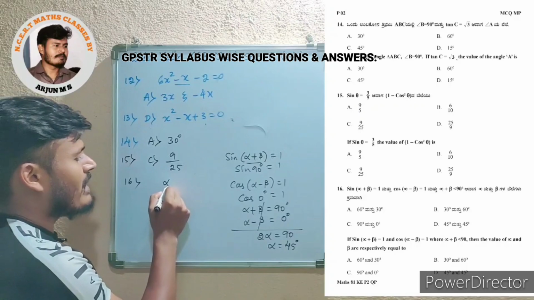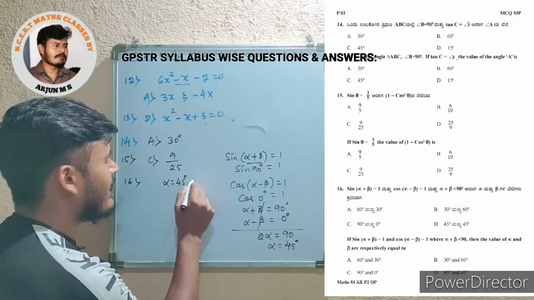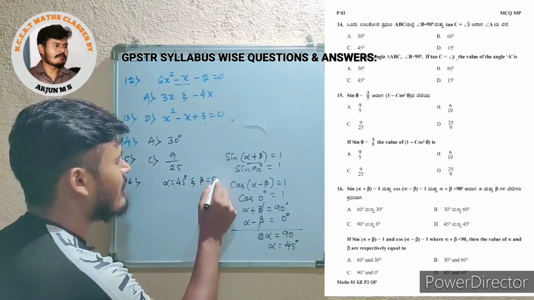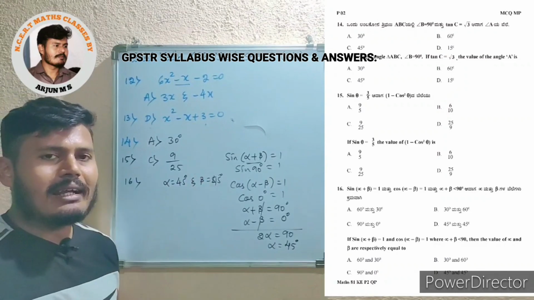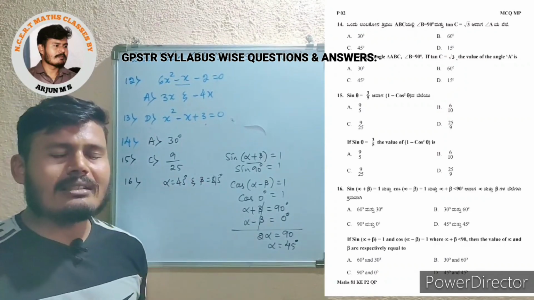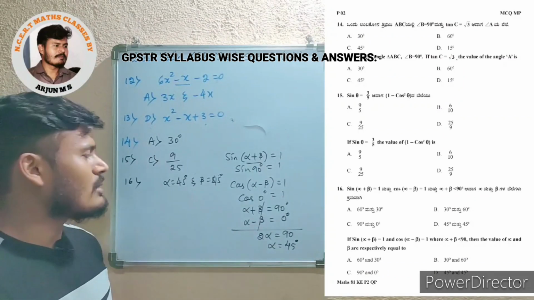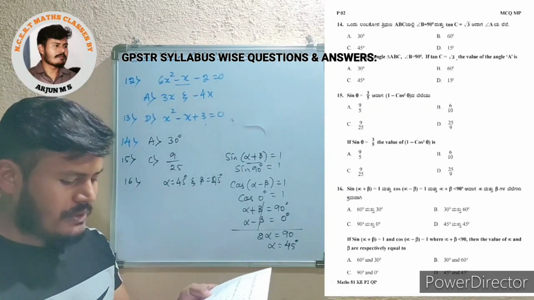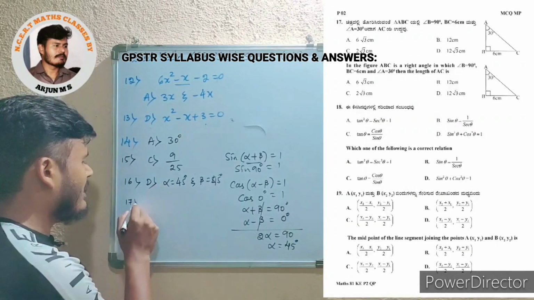That's why here the angles are 90 degree, 45 degree and 45 degree. Alpha is 45 degree and beta is also 45 degree, because we know that in a right angle triangle, one of the angles is a right angle and then another angle is 45. That means the remaining angle is also 45 degree. So here option D is correct, 45 degree and 45 degree.